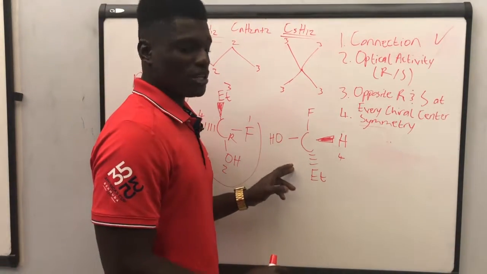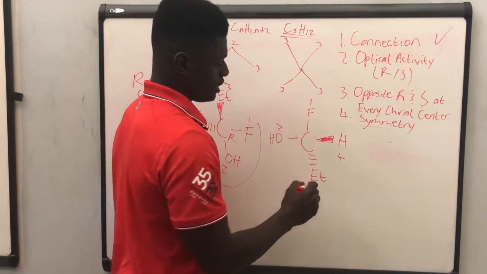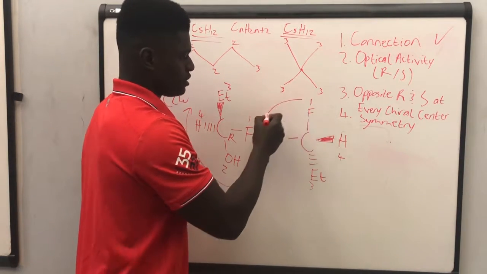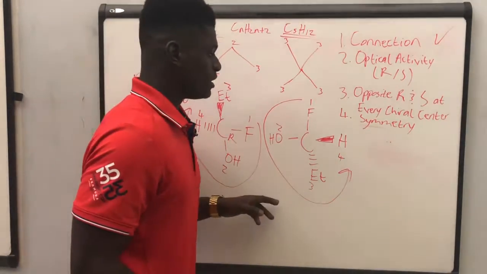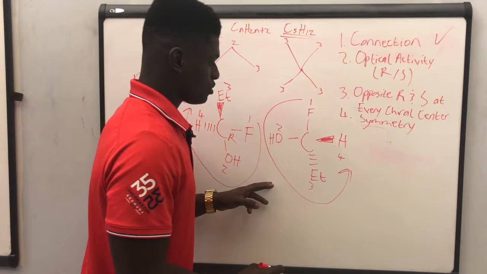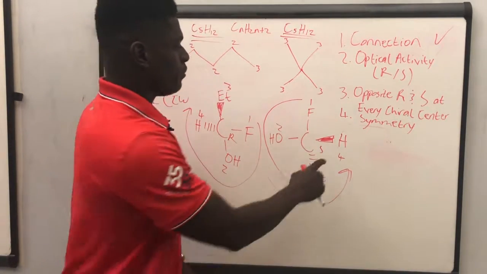Now let's do the same thing over here. 1, 2, 3, and 4, right? This is going counterclockwise. But what do we notice? Since this is going counterclockwise, right, we are going to say that this is an S. But what do we notice?